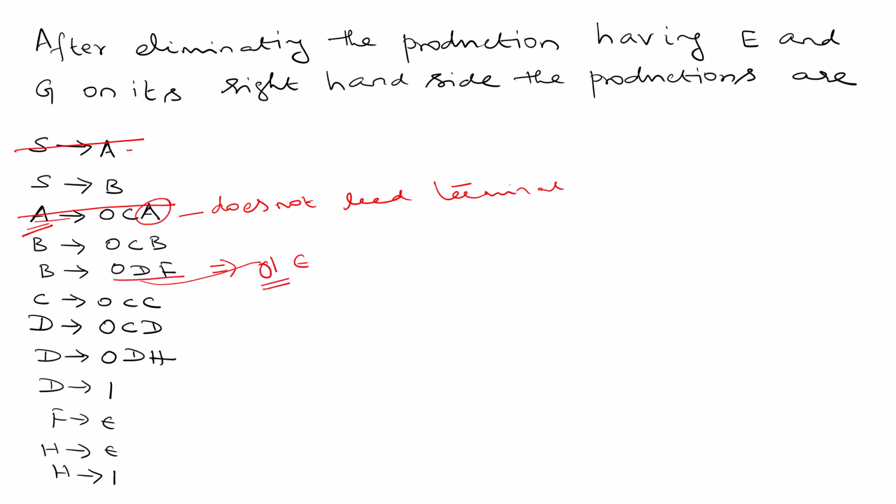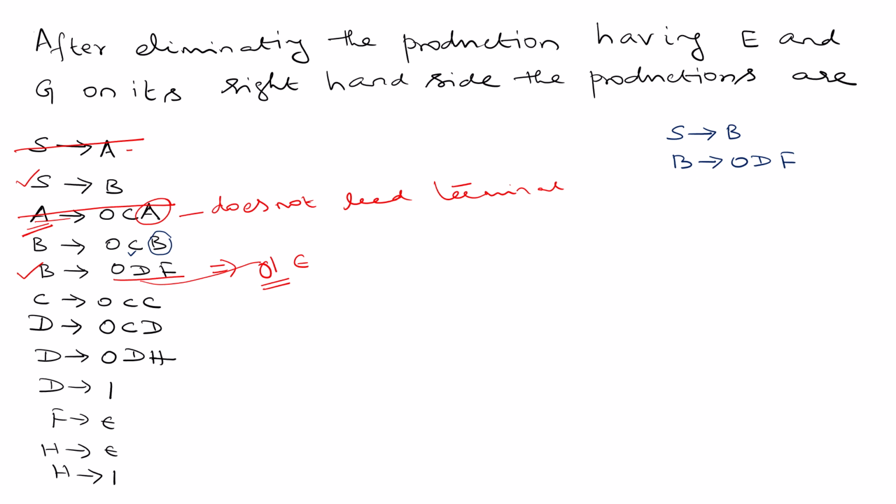So this production is okay, and hence this one is also okay. This also leads to termination. So we are getting the productions S implies B, and then B implies 0DF, and in this production B leads to termination.